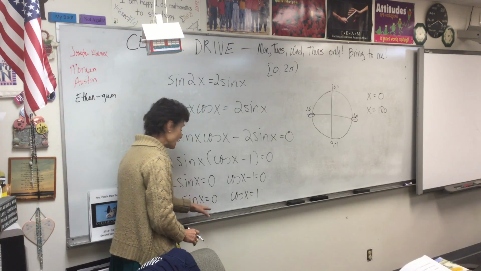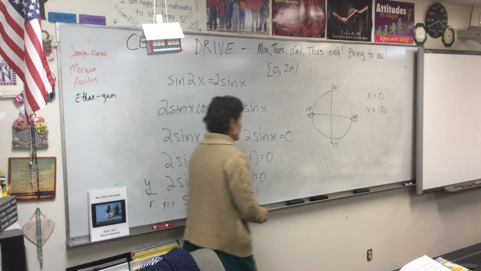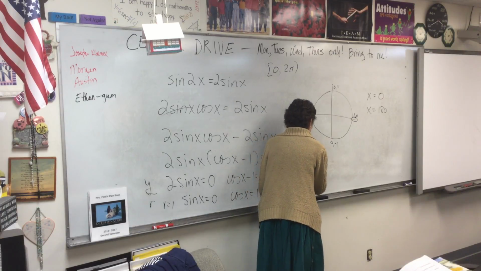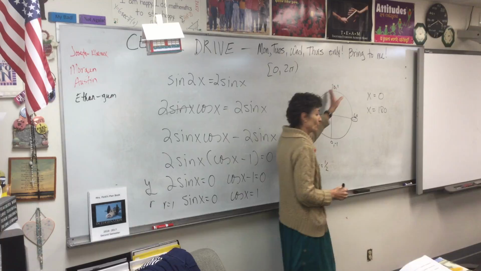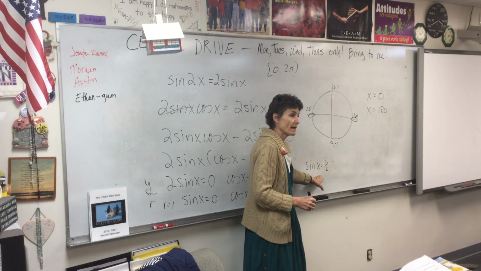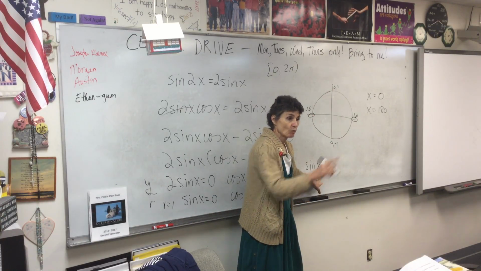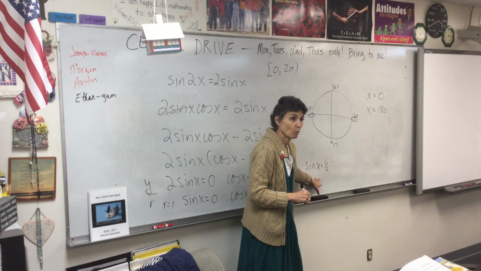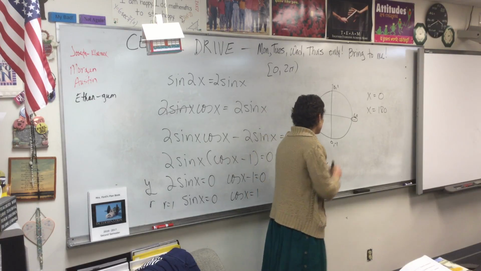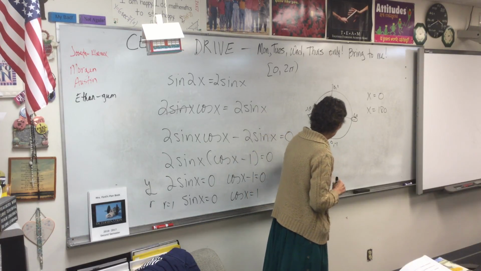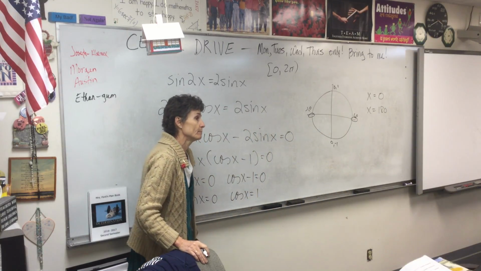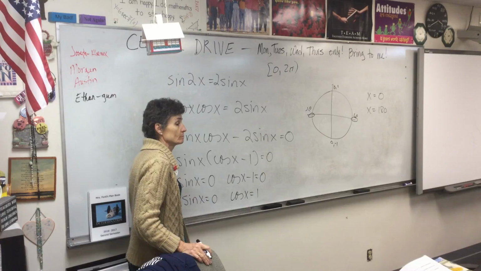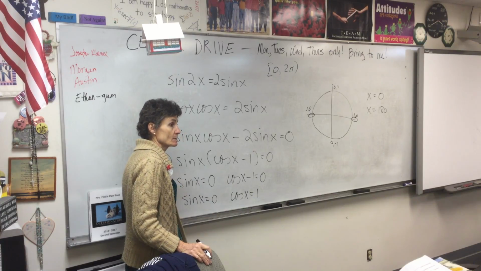Now, if this had been a different problem, and we came up with sine equals 1/2, then we wouldn't be looking here, would we? If sine equals 1/2, what would I be doing? Drawing triangles in the appropriate quadrants. But we got 0. All right, now what about this? Where does the cosine equal 1?